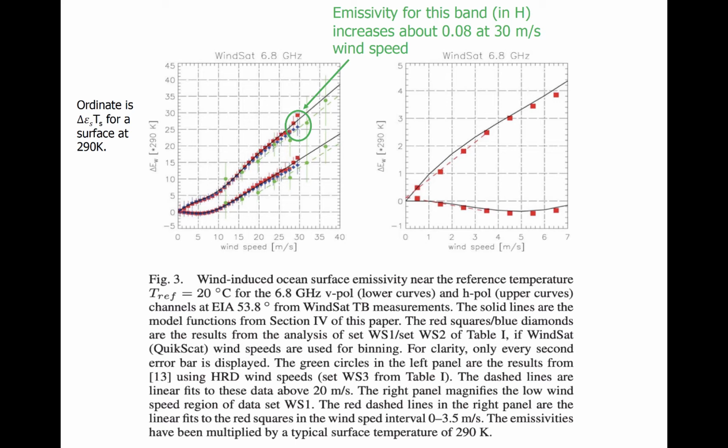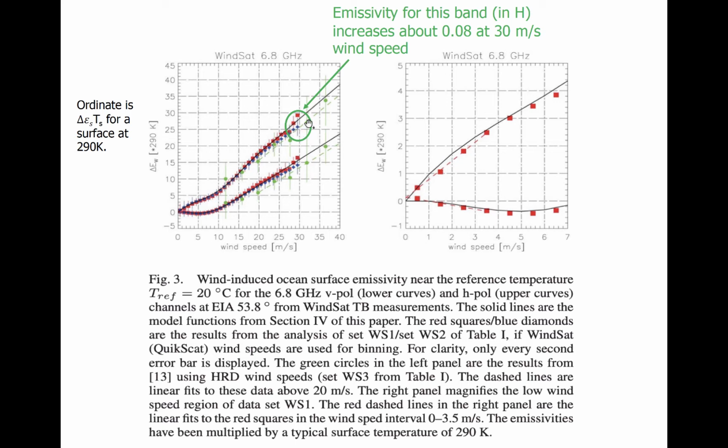Shown here is the ocean emissivity as a function of wind speed for one of those channels, 6.8 GHz. In both panels, the top and bottom sets of lines represent horizontally and vertically polarized emissions respectively. The y-axis denotes the change in emissivity caused by wind relative to some background state with no wind and a fixed sea surface temperature.